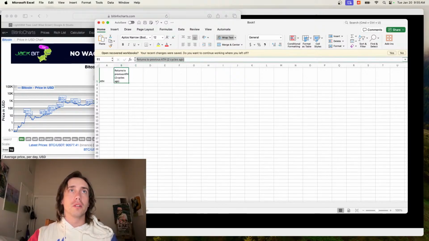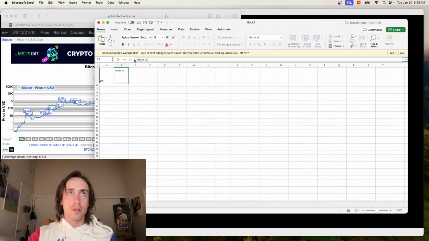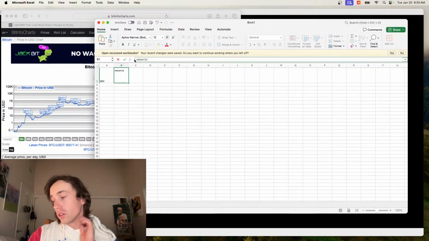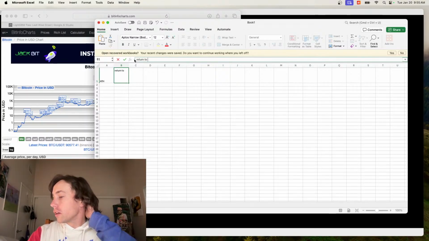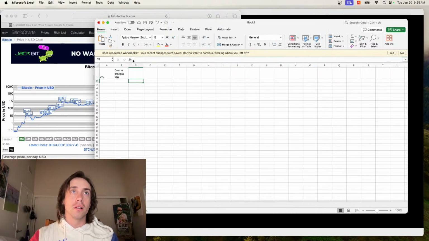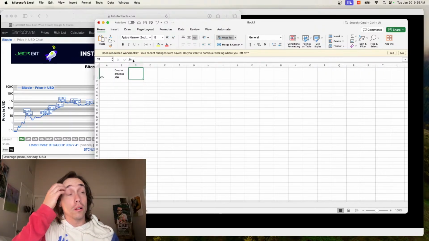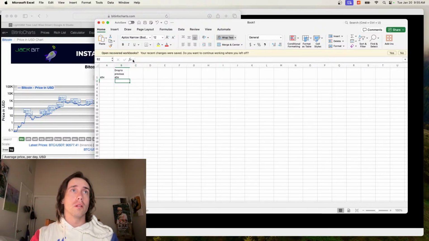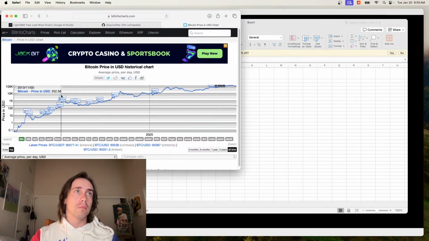What do we call this? Return to... So it'll hit a new all-time high, drop down to the previous all-time high. I guess we'll call this drop to previous all-time high. Okay, so all-time high when?